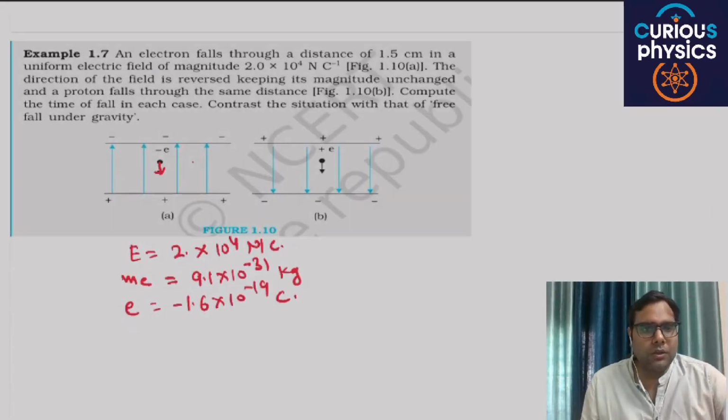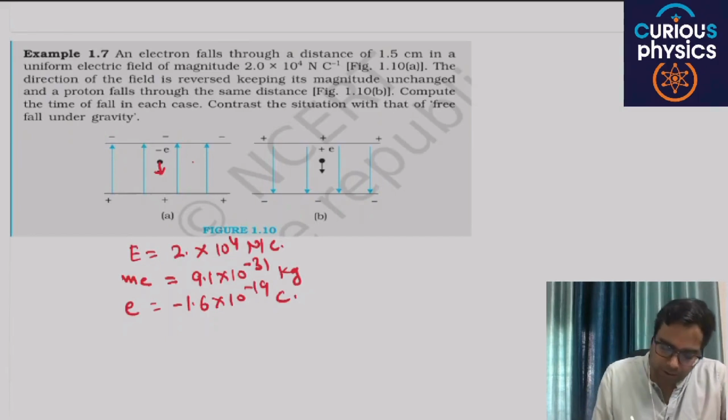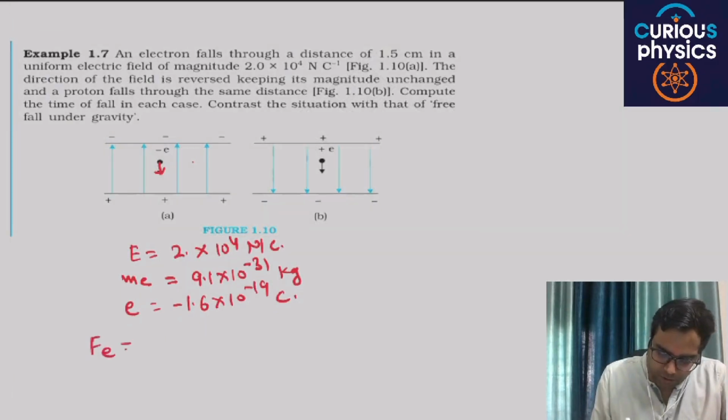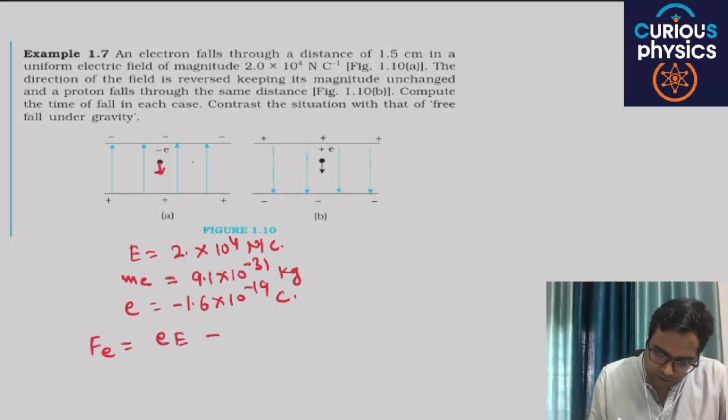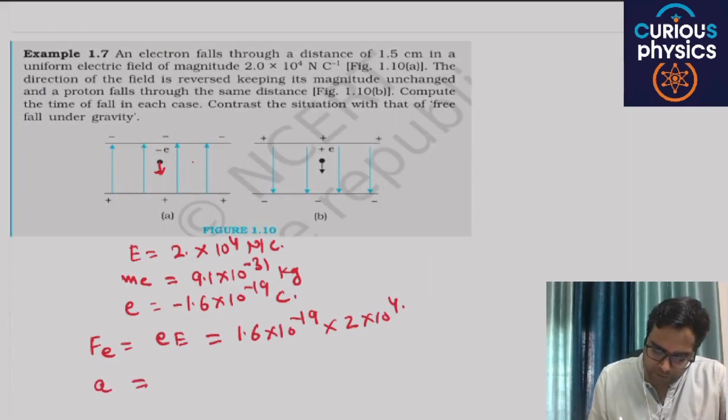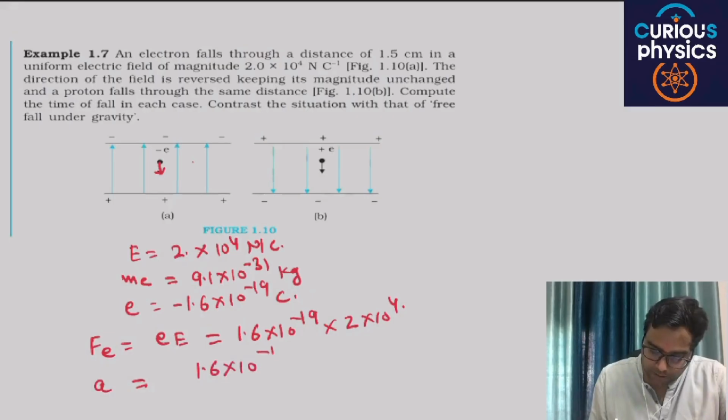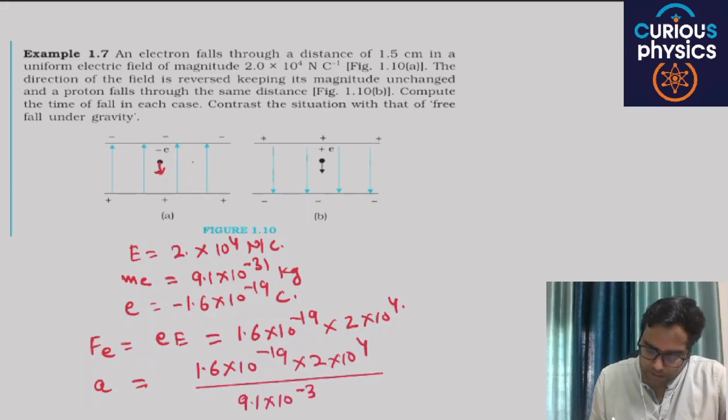The force experienced by the electron is the electric field into charge, F equals Q into E, which is 1.6 into 10 raised to power minus 19 into 2 into 10 raised to power 4. So the acceleration is force divided by mass: 1.6 into 10 raised to power minus 19 into 2 into 10 raised to power 4 divided by 9.1 into 10 raised to power minus 31.